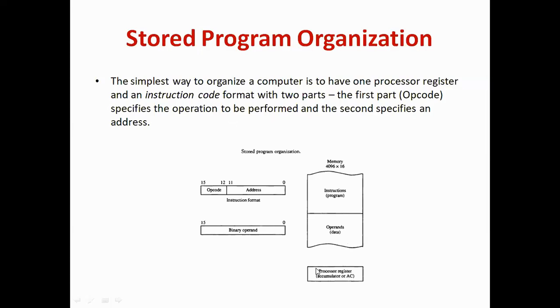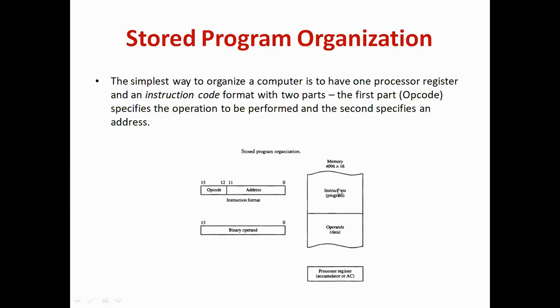Inside the processor there will be a register called the processor register, also called the accumulator, denoted by AC, and the operations will be done here. Operations are to be done on the data that is here. This is the operand, which is in the memory, and the operation we have to perform is the instruction, which is also in the memory.